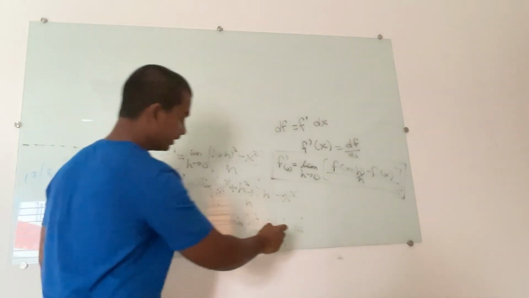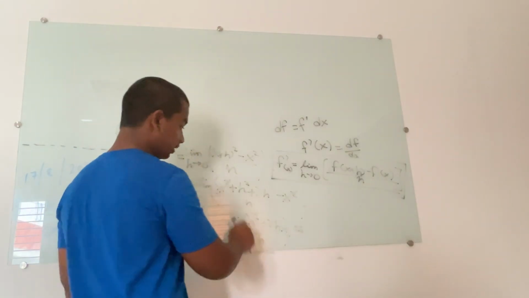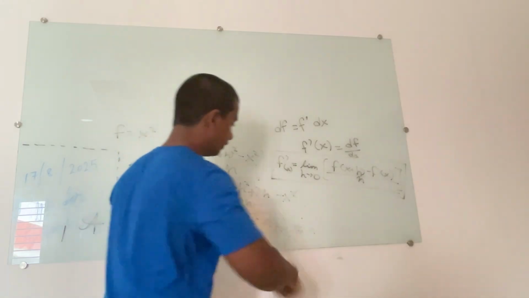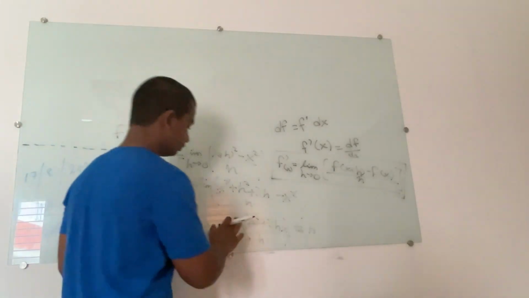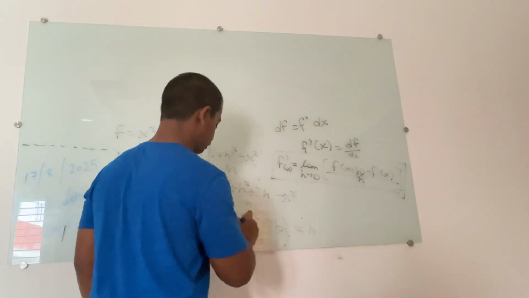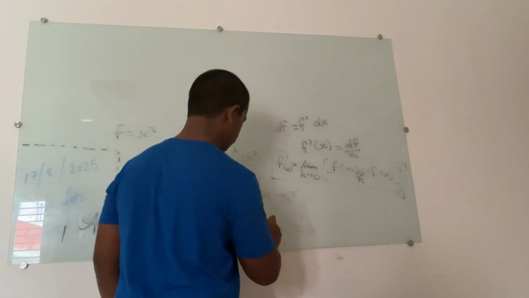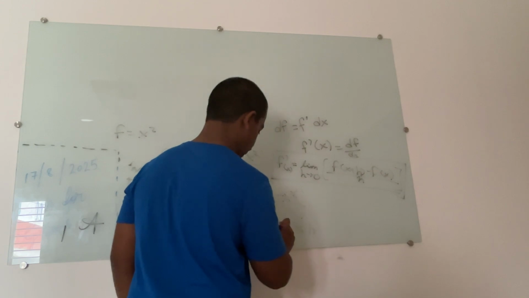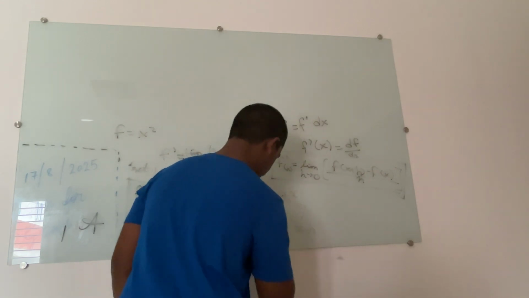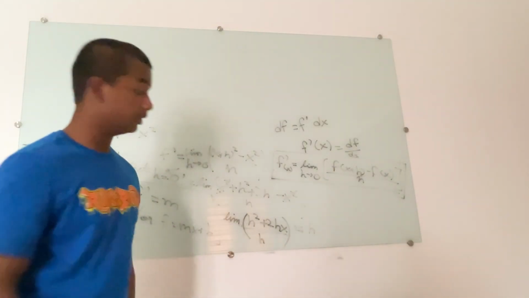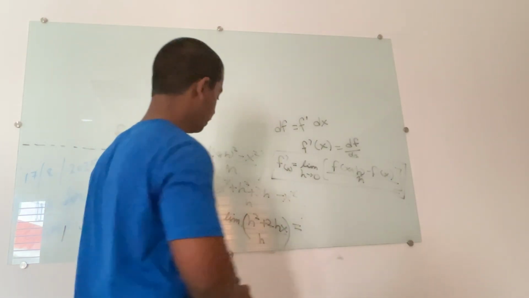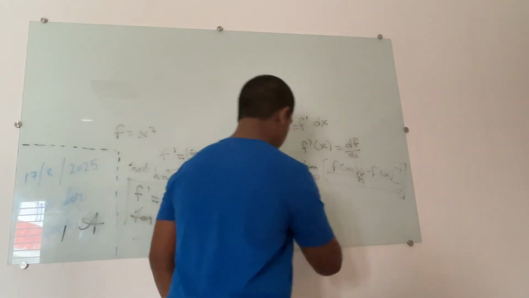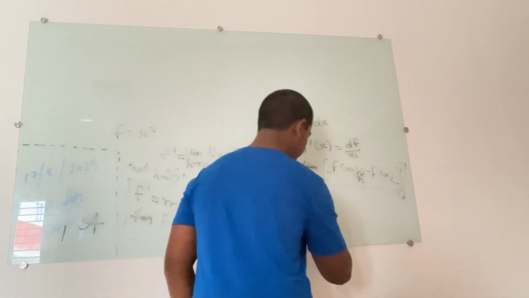So now h divides this, h divides this. So h squared just becomes h, plus these two cancel and I get 2x.